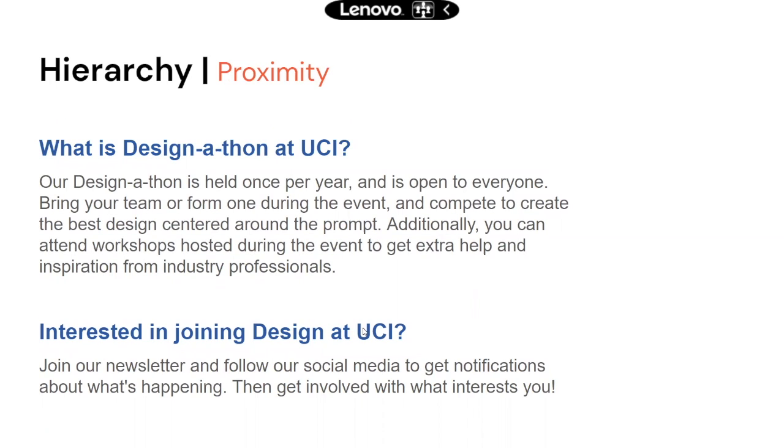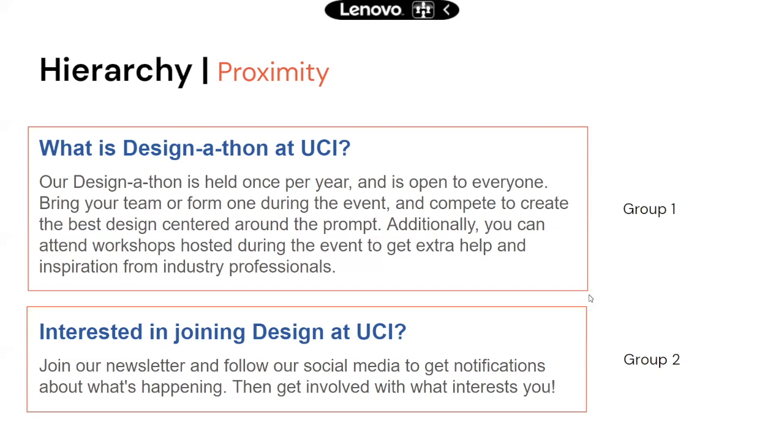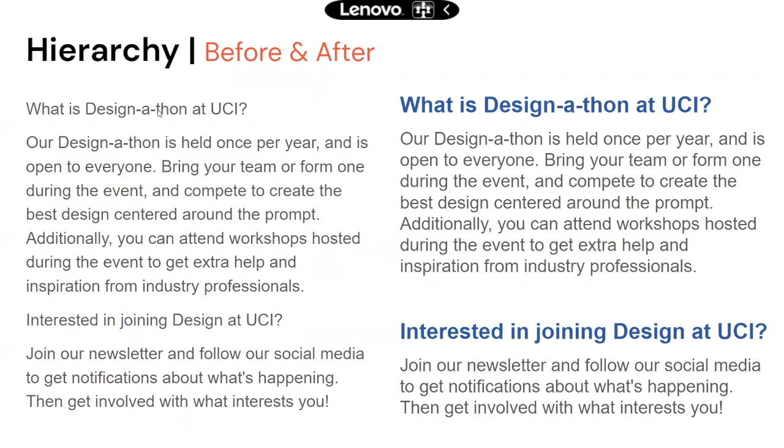By making things closer to each other, you can group them. So here's the grouping. Sorry for stuttering. But yeah, before and after. Here's what we had before we changed the size, the contrast, and the proximity of things. And here on the right, you can see what that looks like afterwards.